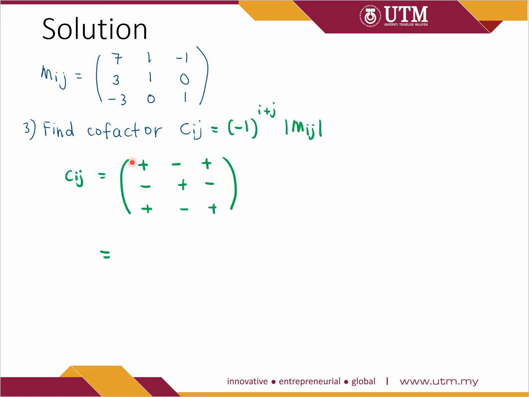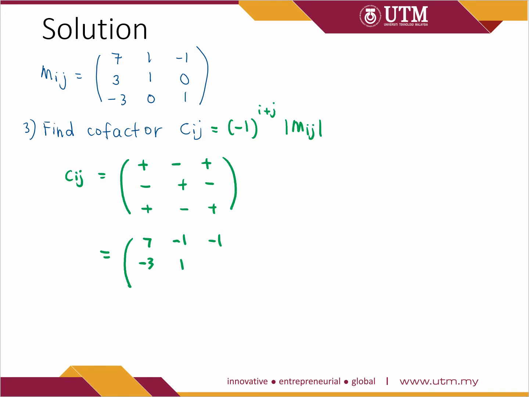So for the first row, this should be 7, -1, -1. And for the second row, the sign multiplied with this gives us -3. And then for the second row, second column, this will be plus times 1, so here we have 1.